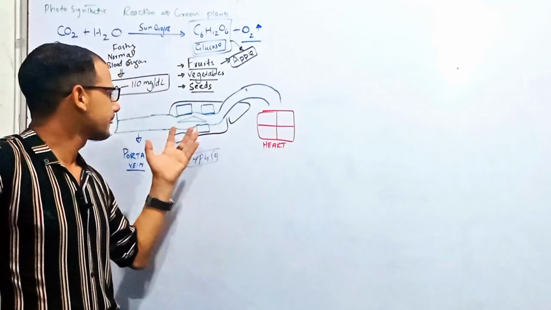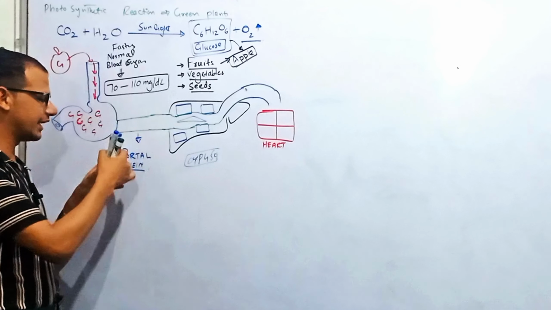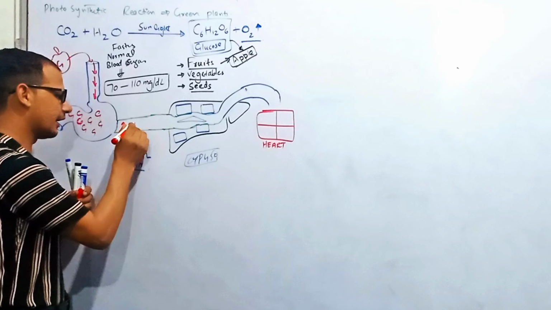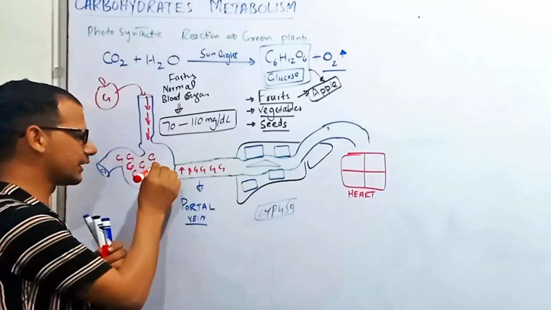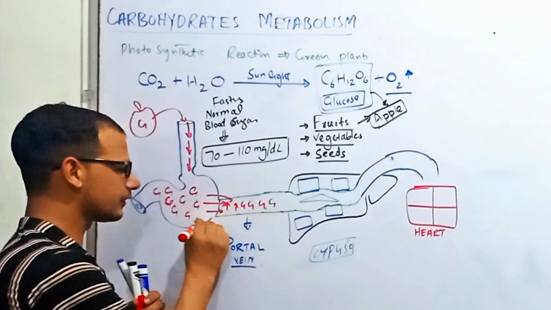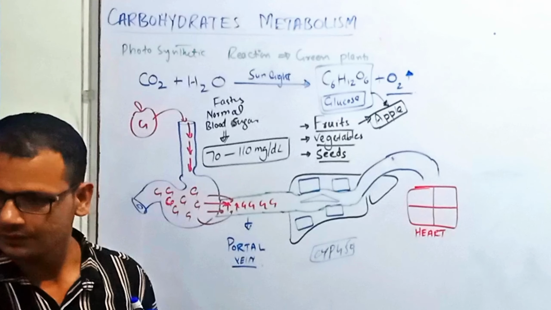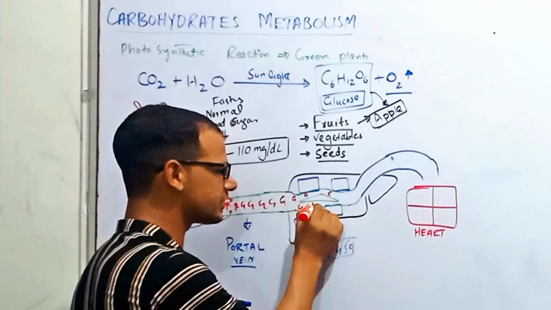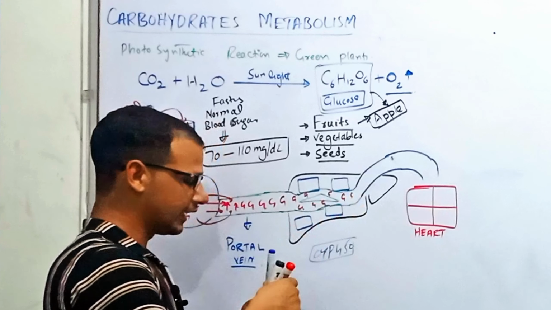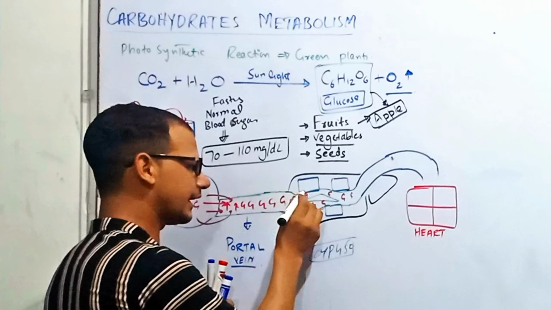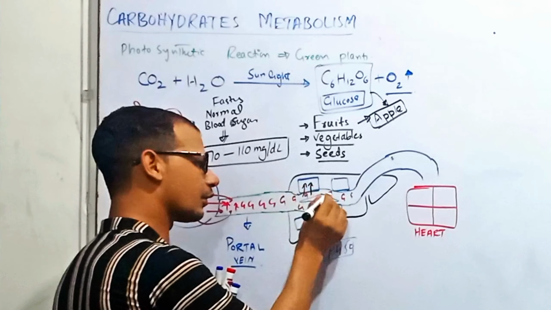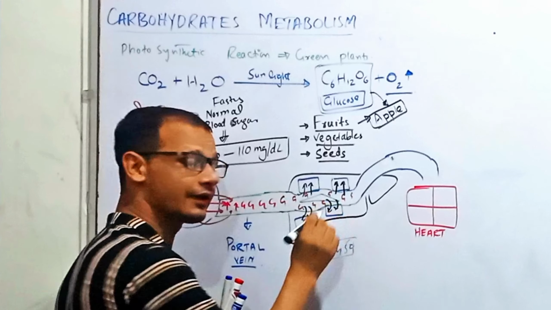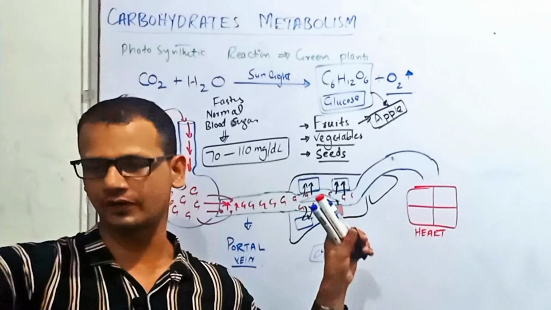So from here this glucose level will be high in portal circulation, because it takes all the glucose from the GI system. But when the glucose reaches the liver, the hepatocytes take glucose, and fortunately insulin is not needed for this transport.